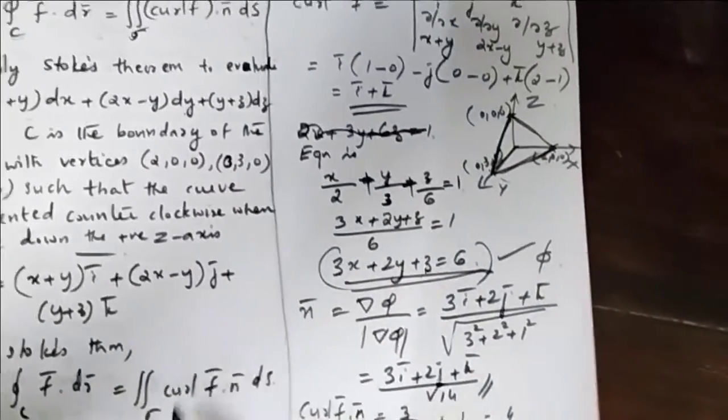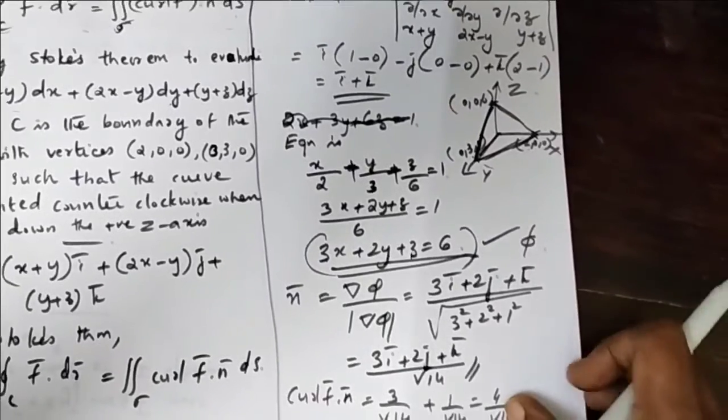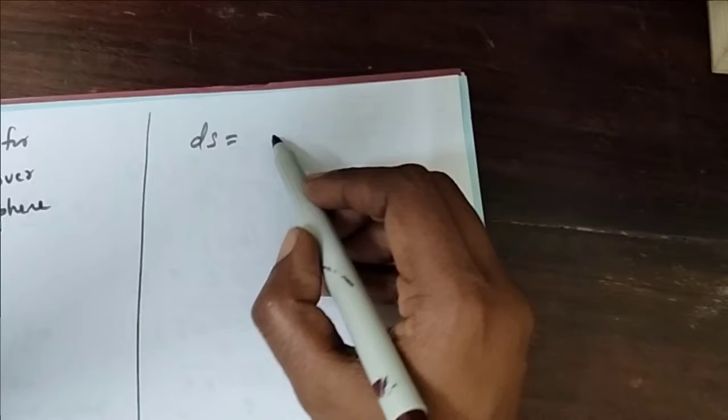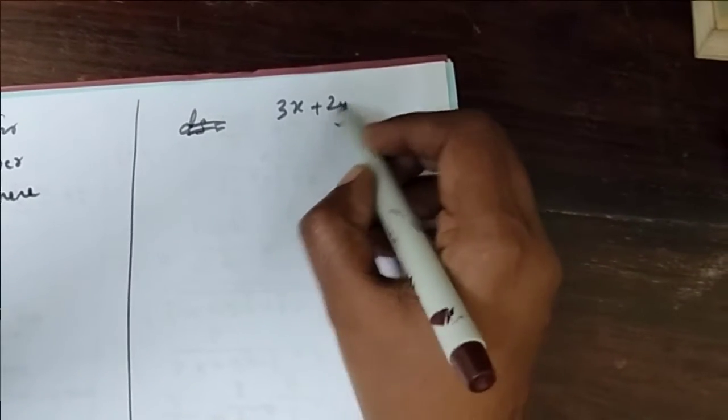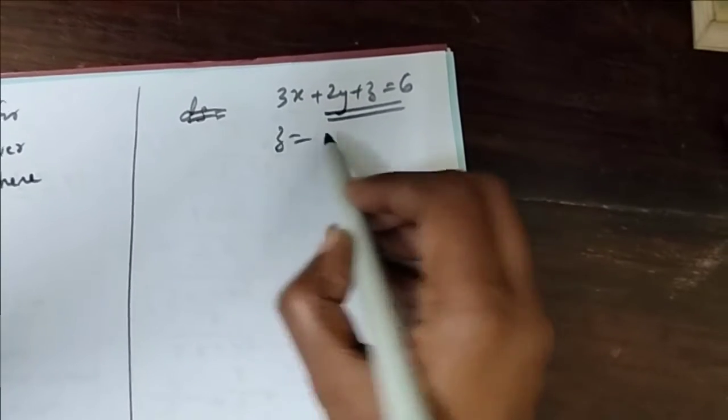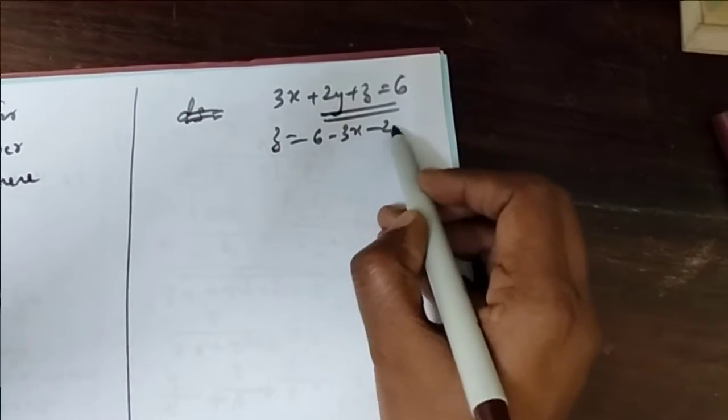Again we have to find the dS also. So how will you find dS? The equation of the plane is 3x plus 2y plus z is equal to 6. So z is 6 minus 3x minus 2y.